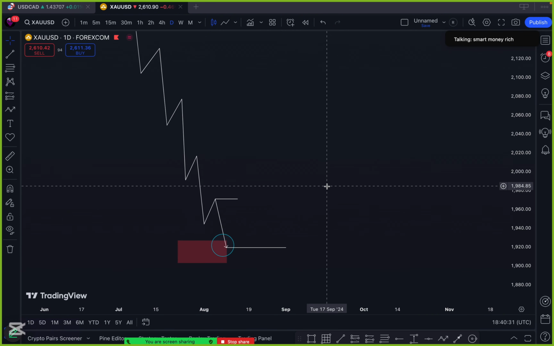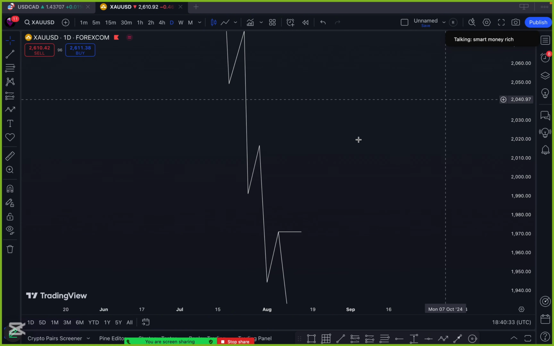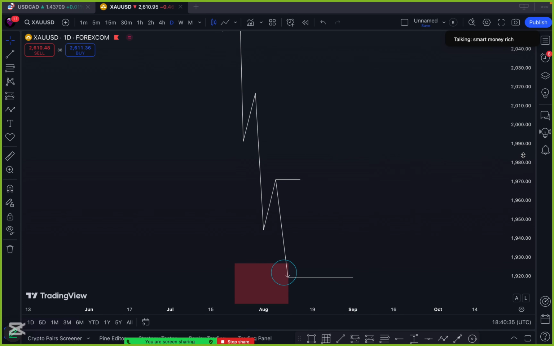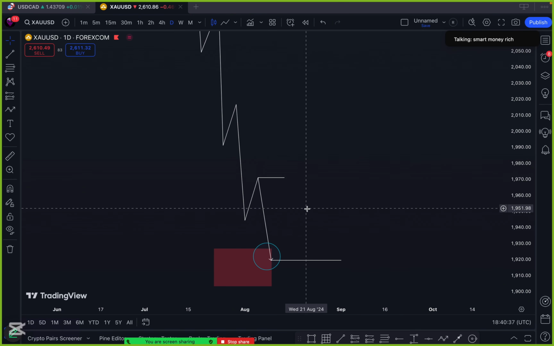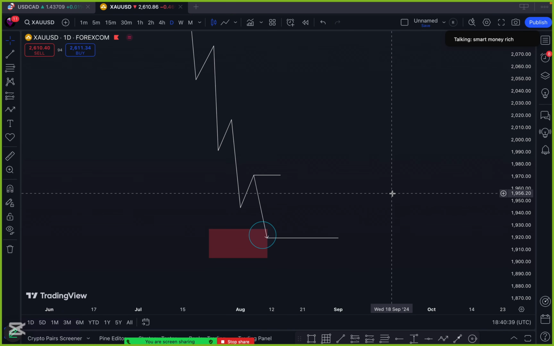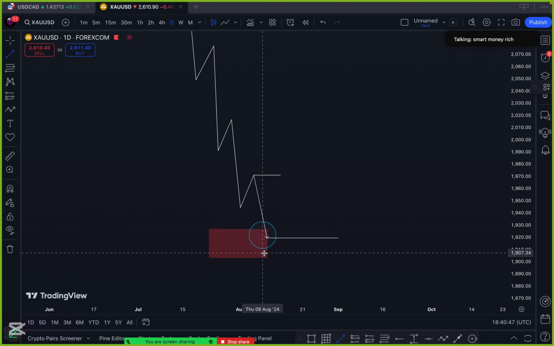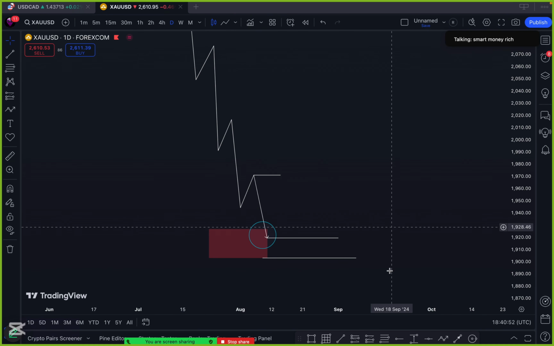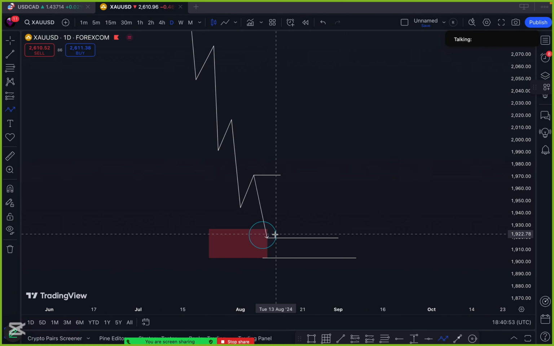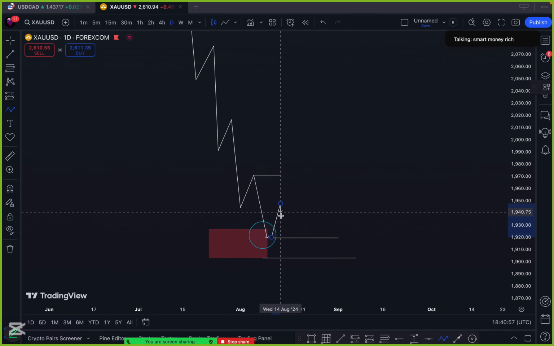Now, the smart money traders themselves, they will be entering with a huge amount of money. And now, what they will usually do, let's say for example, if they had their stop losses below this low, and they entered at this very point, right?